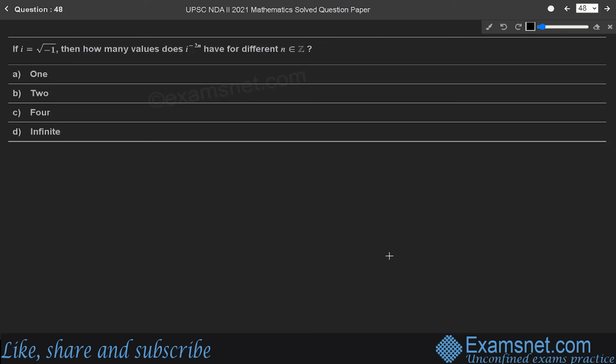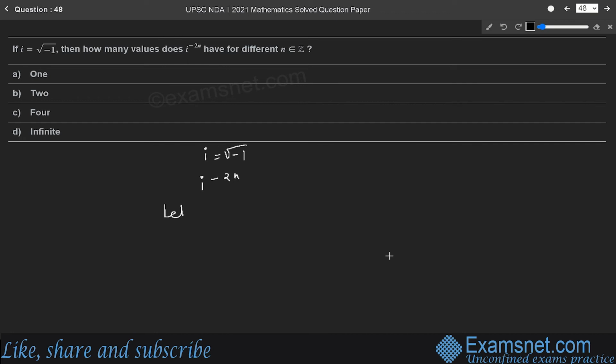Next question is, if i is equal to under root of minus 1, then how many values does i to the power minus 2n have for different n belonging to Z? See, we have to find the value of i to the power minus 2n.